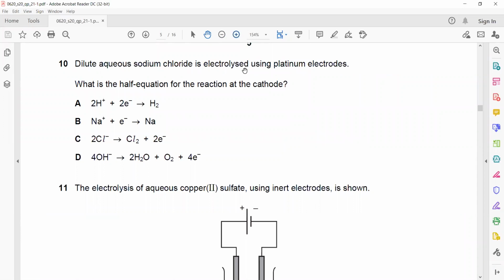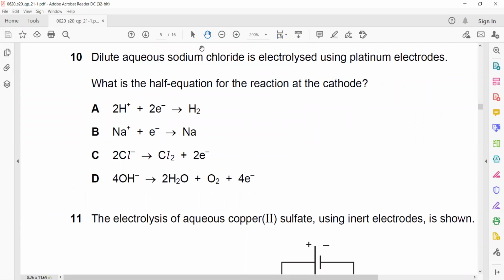Question 10. Dilute aqueous sodium chloride is electrolyzed.